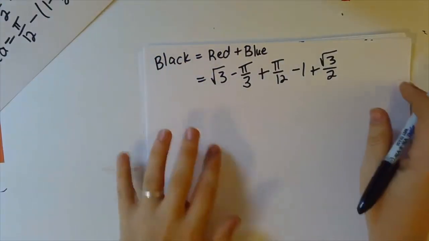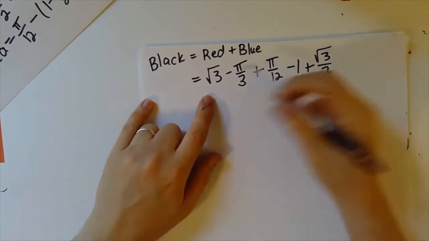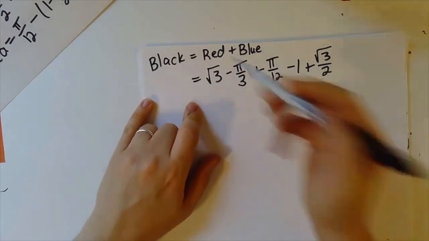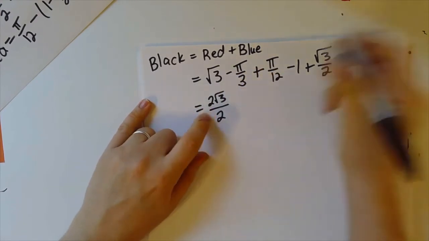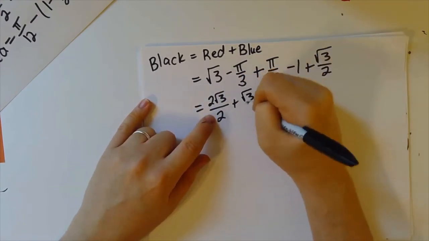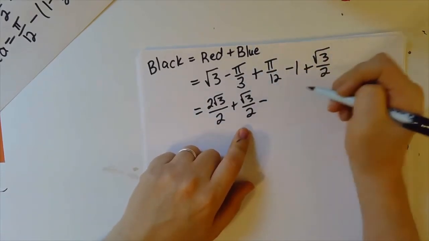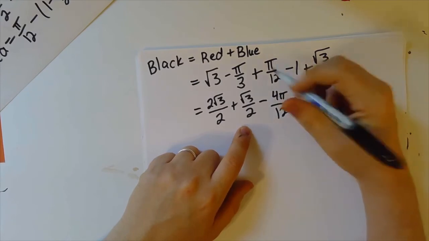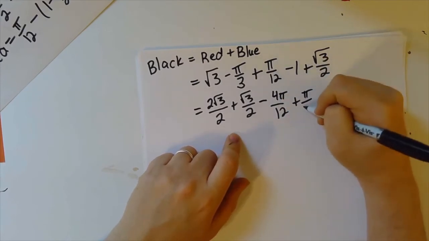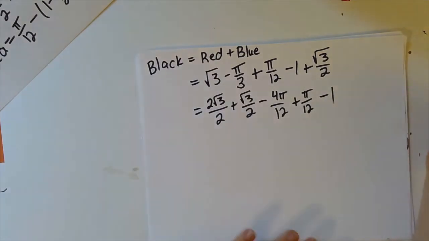Okay, so I can do a little bit of combining here. So this square root of 3 I could rewrite as 2 square root of 3 over 2 so that I can combine it with the square root of 3 over 2. This minus pi over 3, I could write as minus 4 pi over 12 so that I can combine it with the pi over 12. And this minus 1, I'm just going to leave as a minus 1 because there's not much I can do with it.